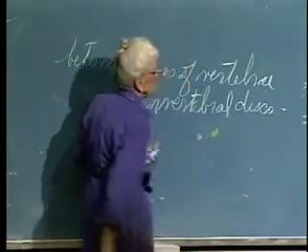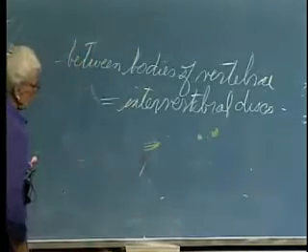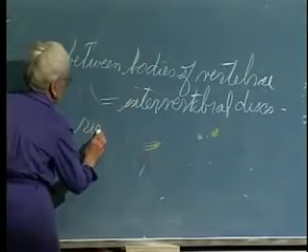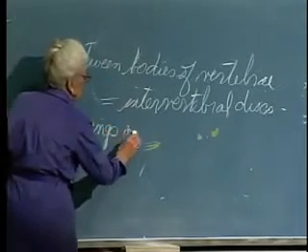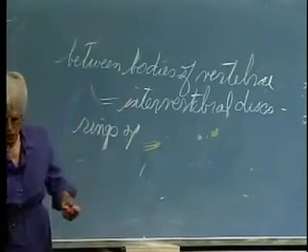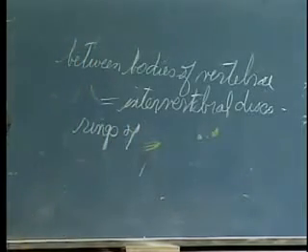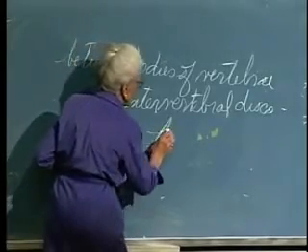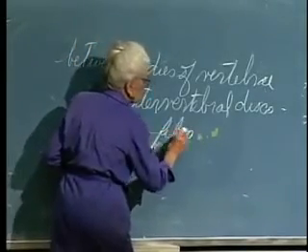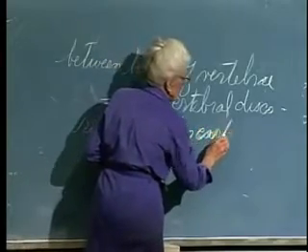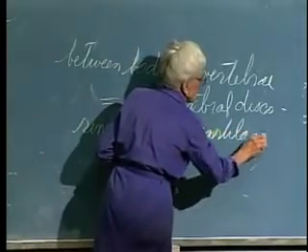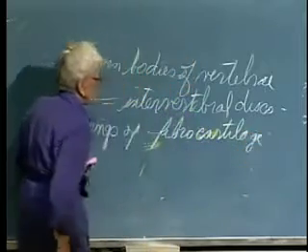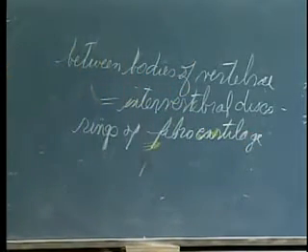What are they made of? They're made of rings of cartilage. We're going to learn different types of cartilage because we have different kinds for different purposes. These have to be very strong, so rings of fibrocartilage. So what are we going to call them?